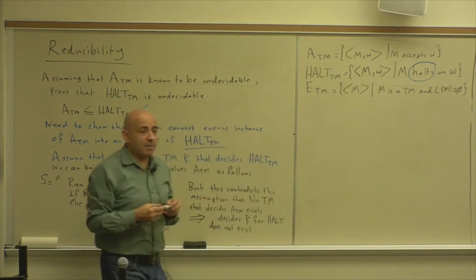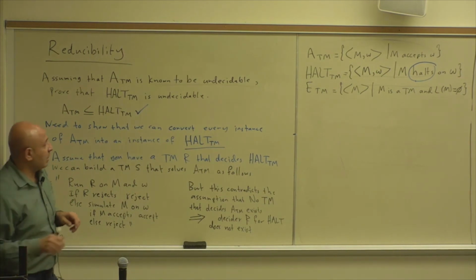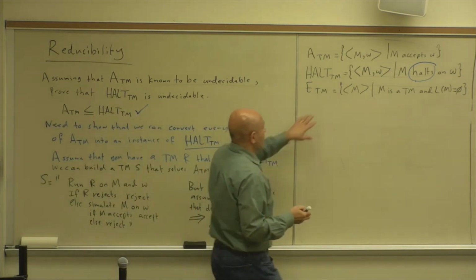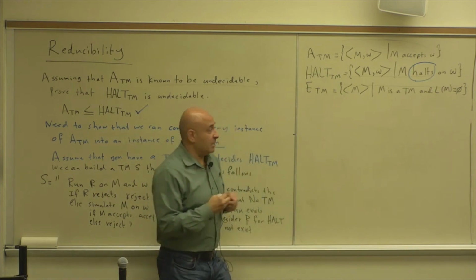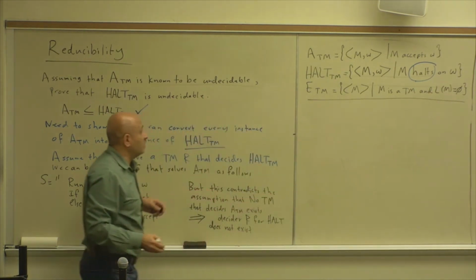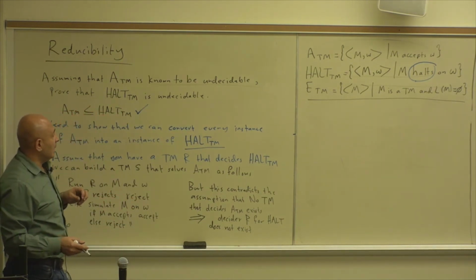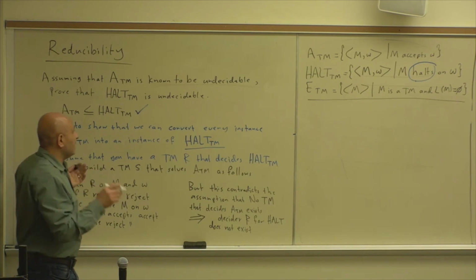So this is a problem that we managed to solve for finite automata and regular languages. Is it solvable for Turing machines? The answer is no, because we can reduce ATM to ETM.